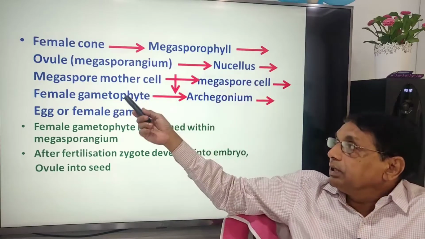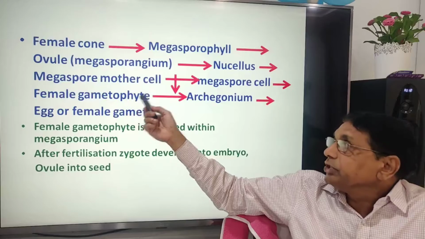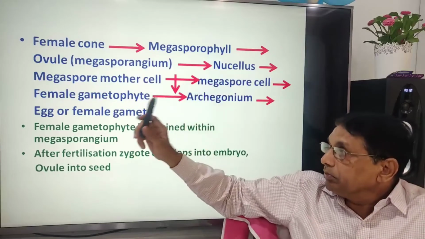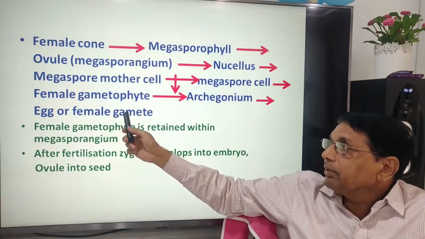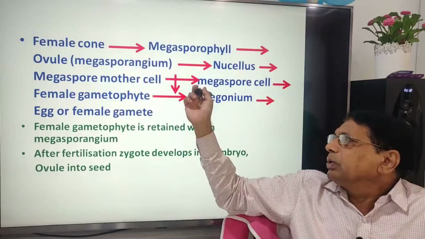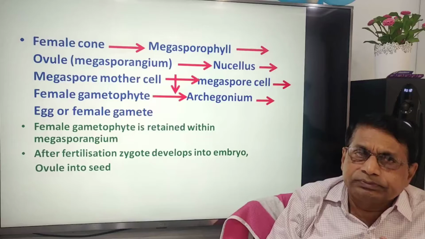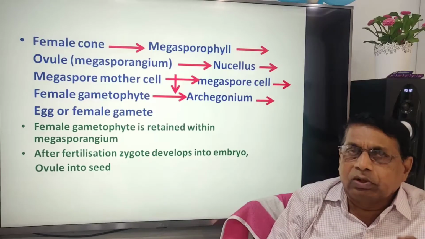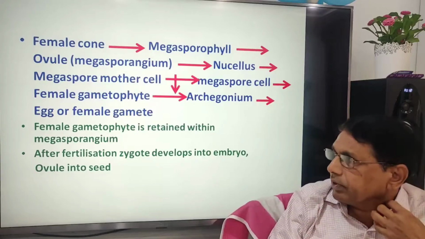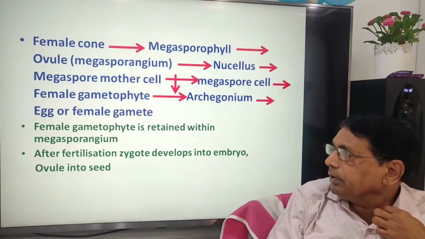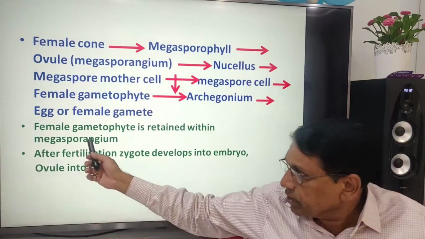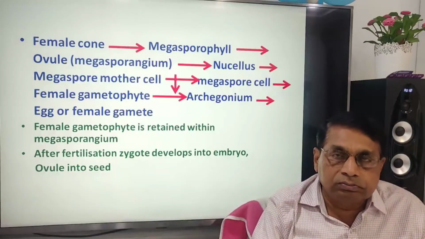Then the megaspore, female gametophyte, archegonium, egg or female gamete. A very reduced form of archegonium will be seen here, very much reduced, not like bryophytes and pteridophytes. The female gametophyte is retained within the megasporangium.